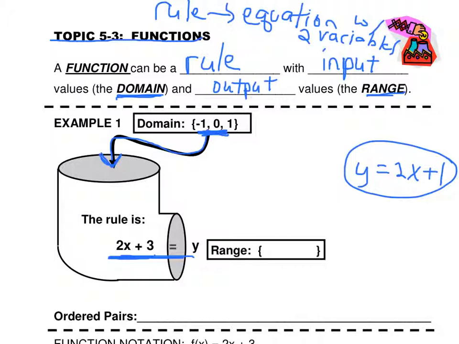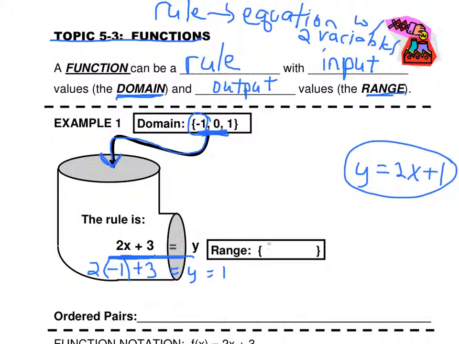So for the first one, let's say you take this -1 and input it into your function machine. So you're going to replace the x with a -1, that's your first input. And then you're going to apply this rule and you're going to get a y, which is your output. So 2 times -1, -2 plus 3, you're going to get 1.